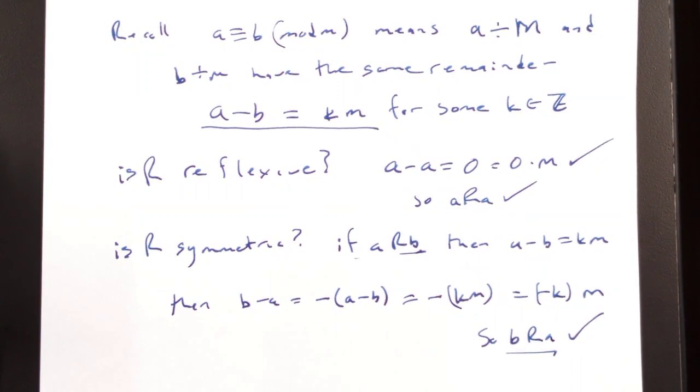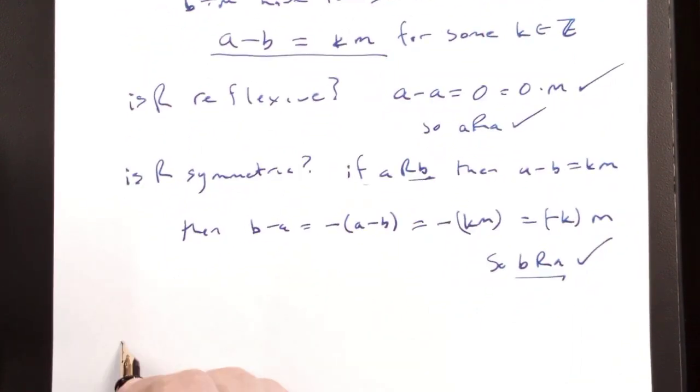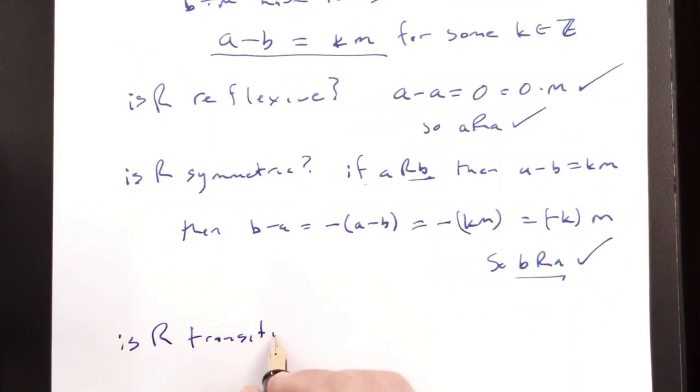Now for the big one, transitive. Again, transitive is an if-then setting. What's the if? If A is related to B and B is related to C. Okay, so let's start with that if.